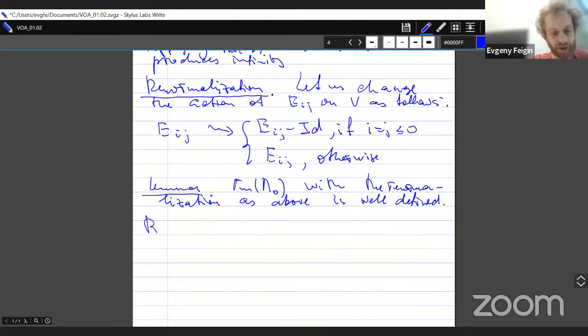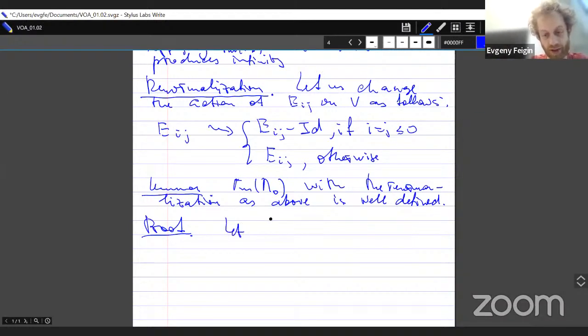So let's prove it. So the claim is that the Rm, so yeah, maybe let me introduce a notation.